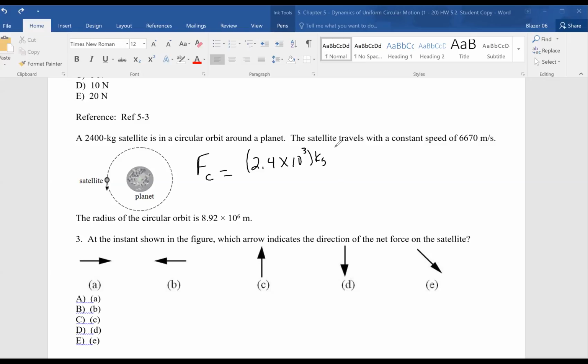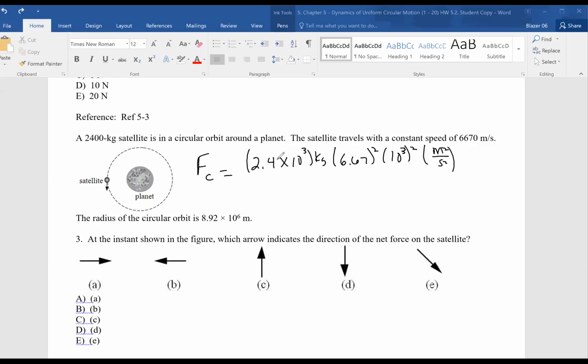We're going to say that V, the speed, is 6.67 times 10 to the third. We've got to say V squared, so we're going to square that, and we're going to have meters squared per second squared.